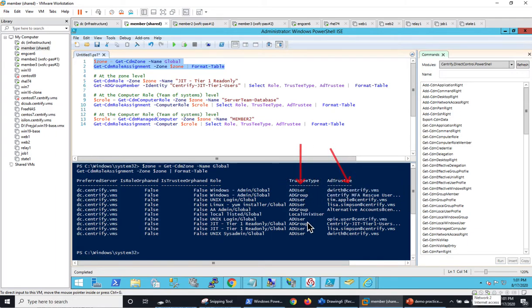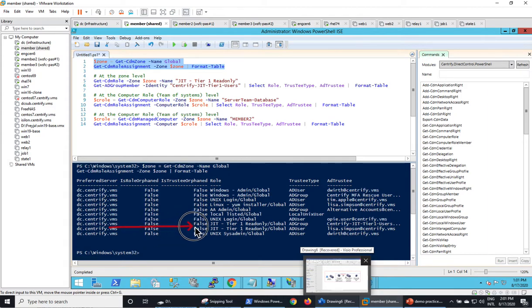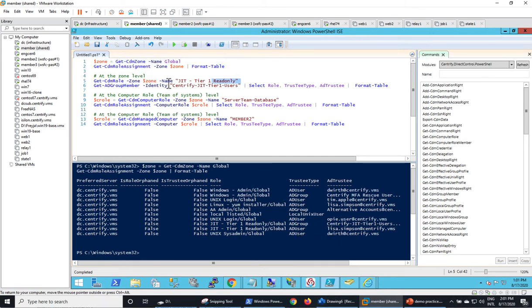So you can have users or groups, right? The direct assignments are easy to figure out. Typically, direct assignments are also best practice. But if you need to figure out, and let's just focus on one entry here, who has this JIT tier 1 read-only role, and it's an AD group, I can get the role itself, right?